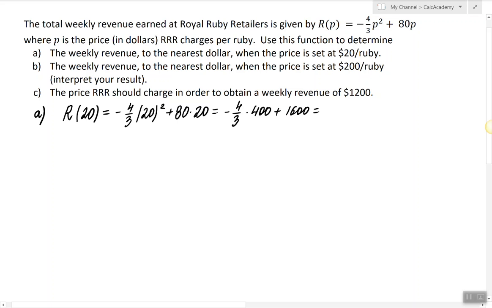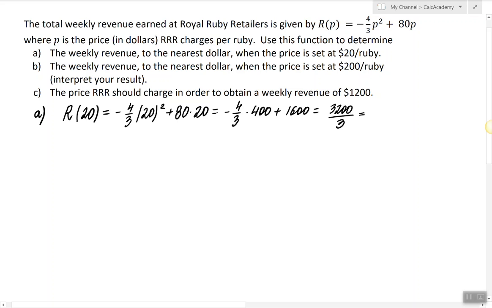So the answer is, we have 1600 minus 1600 over 3, so it's 3200 over 3.